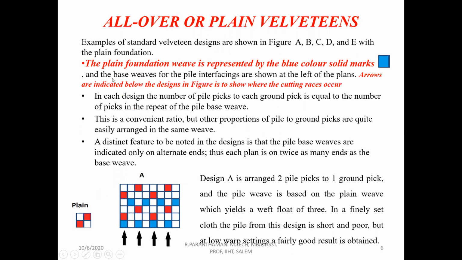And the base weave for the pile thread is shown on the left of the plan. Next, the arrow marks indicated below the design in the figure show where the cutting takes place.